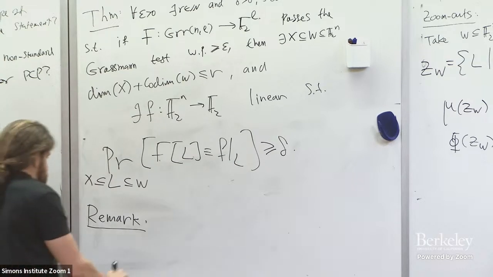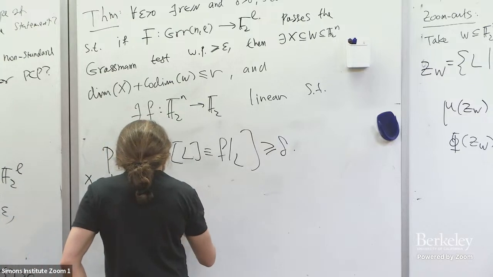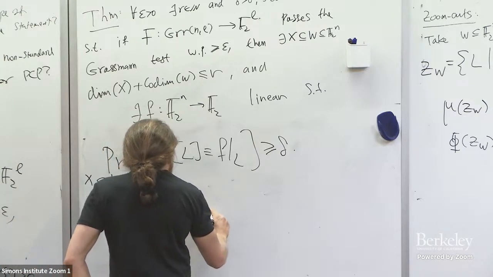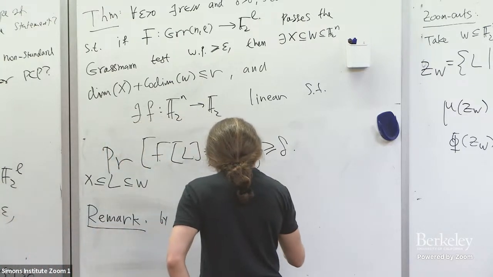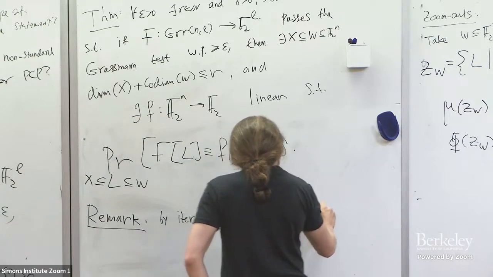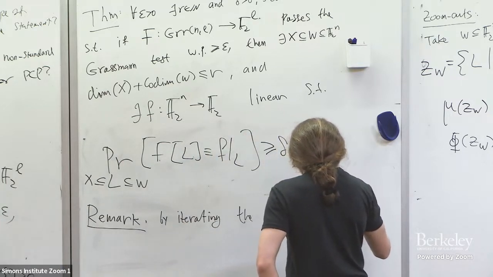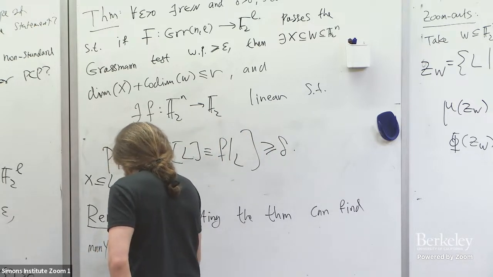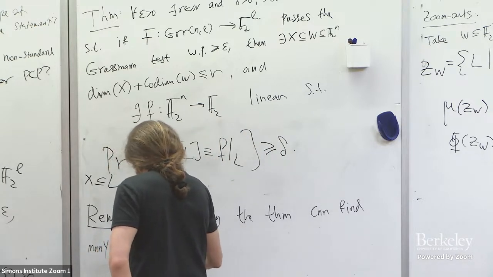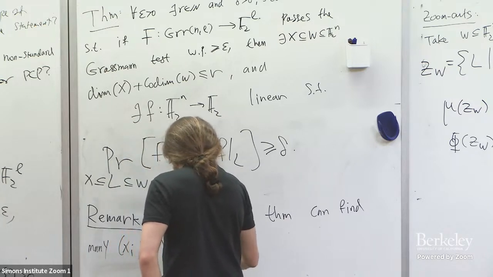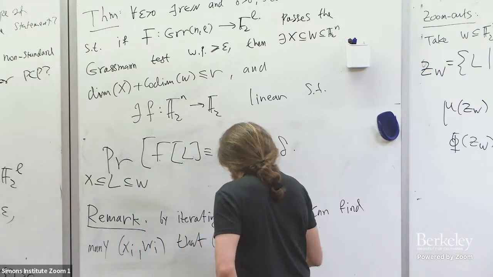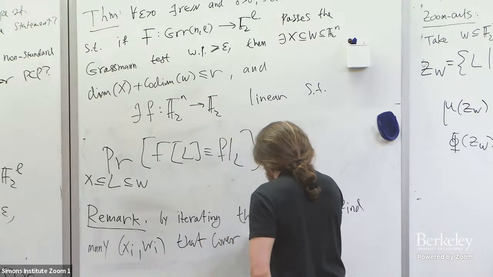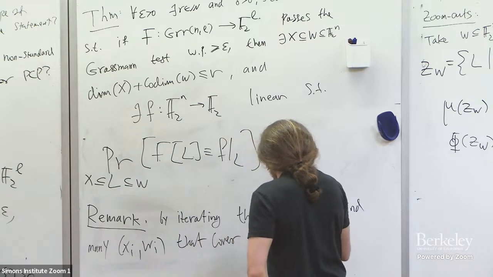So remark: by iterating the statement, you can find many sets W_i that cover at least omega epsilon subspaces.